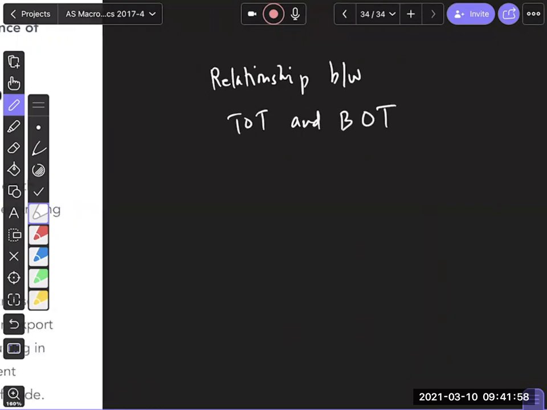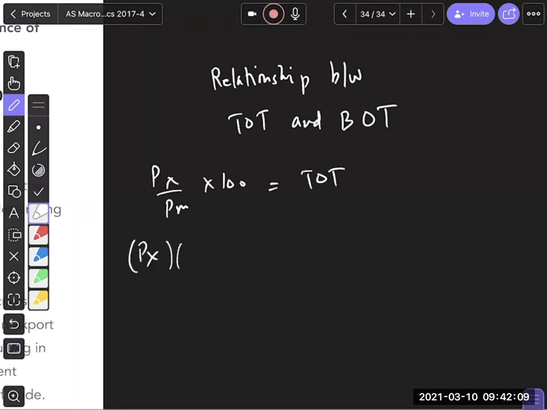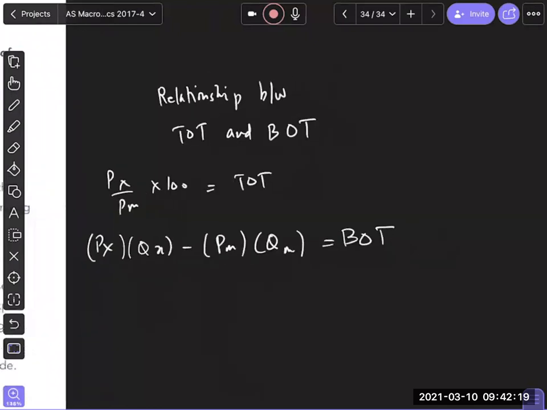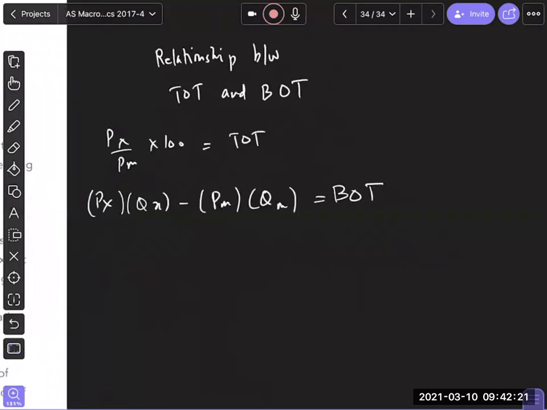So terms of trade is PX over PM times 100, and PX times QX minus PM times QM is your balance of trade. Got it? Now, what if exports are elastic?